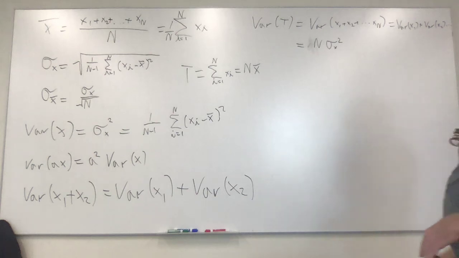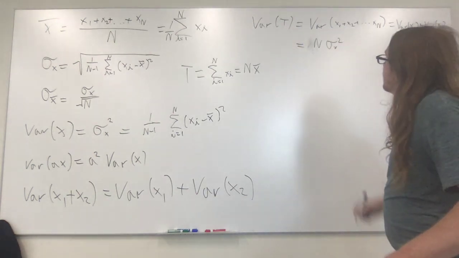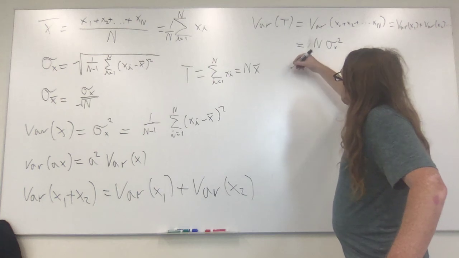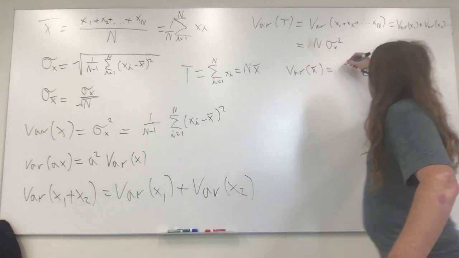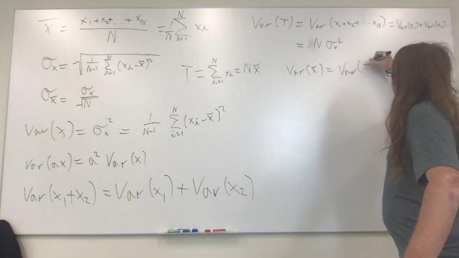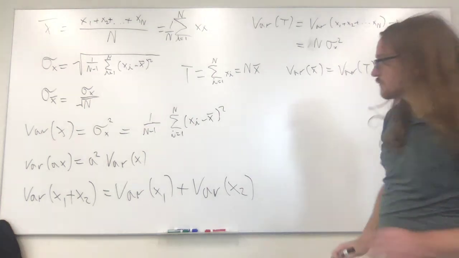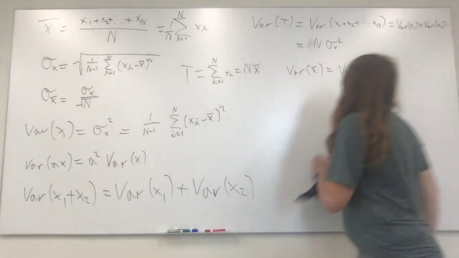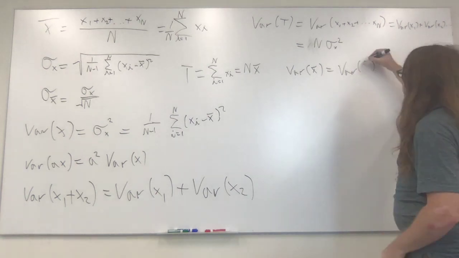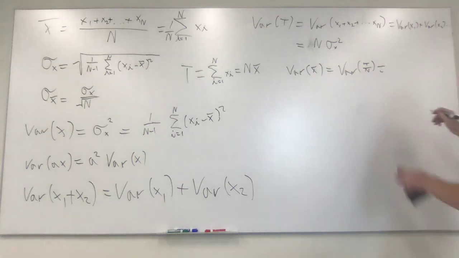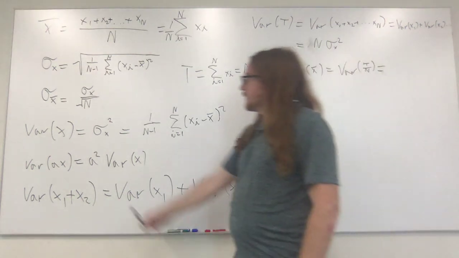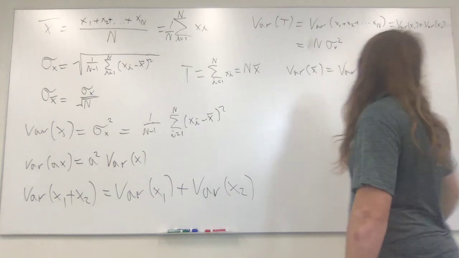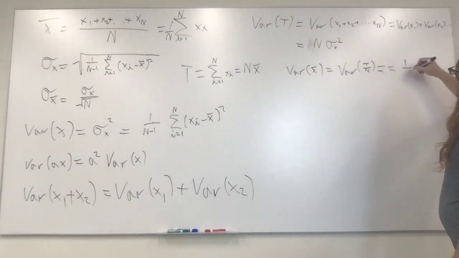Now all we need to use is that the variance of x bar is equal to the variance of T over n. As we showed here, this is the same for division, so this is 1 over n squared.